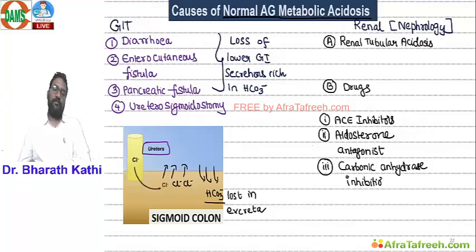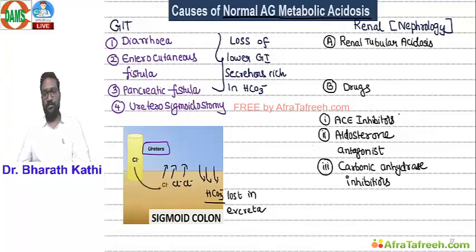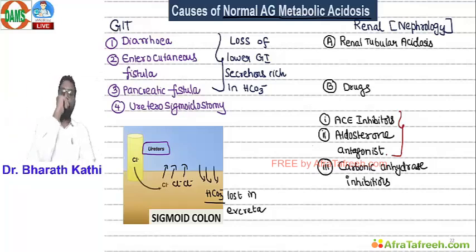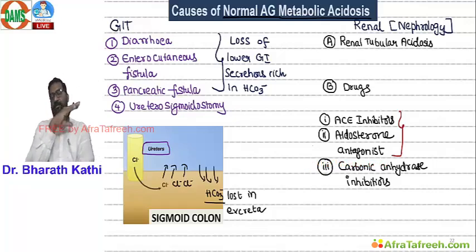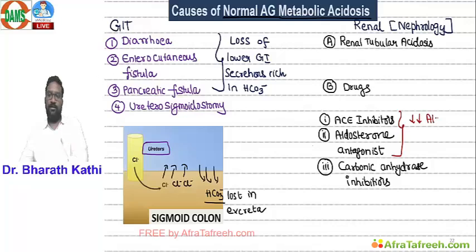First, let us see how ACE inhibitors and aldosterone antagonists behave. Whenever you give ACE inhibitors, what is going to happen? Aldosterone will not be formed. Whenever you give an aldosterone antagonist, aldosterone will not work properly. These two conditions will result ultimately in decreased aldosterone activity.